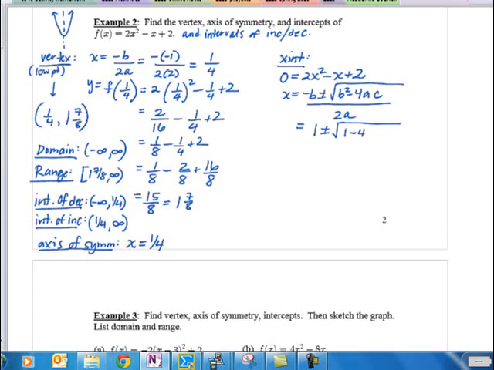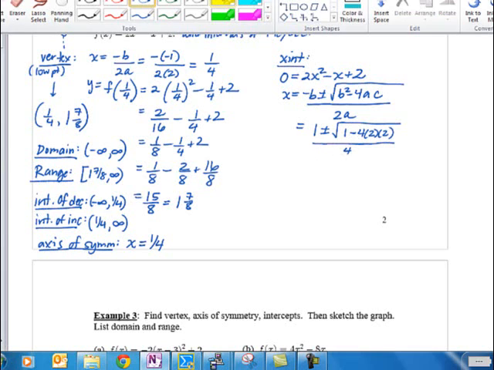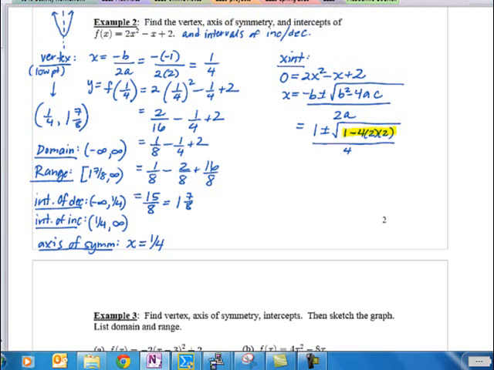Notice that's negative 1 minus 16, so negative 15 inside there. Because of that, we know there are no x-intercepts. Because what we're getting are complex solutions to this equation.